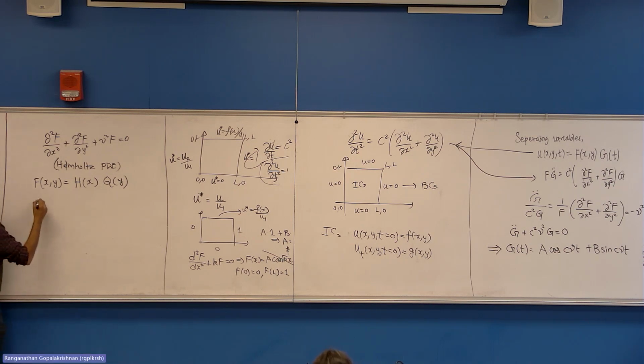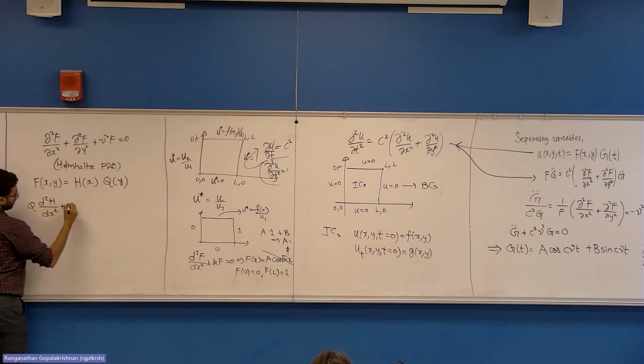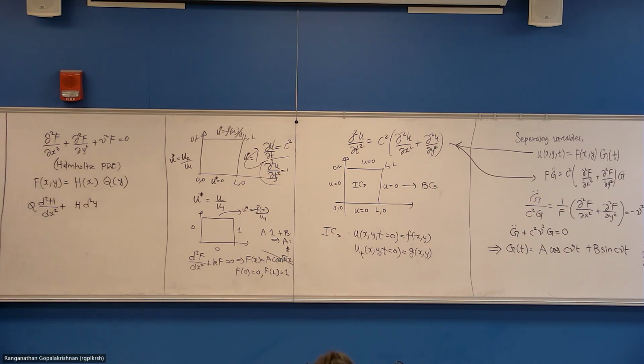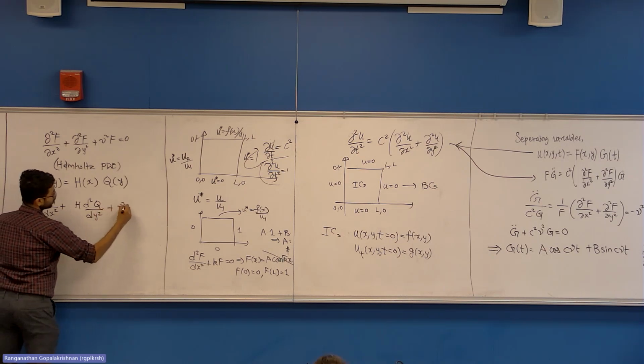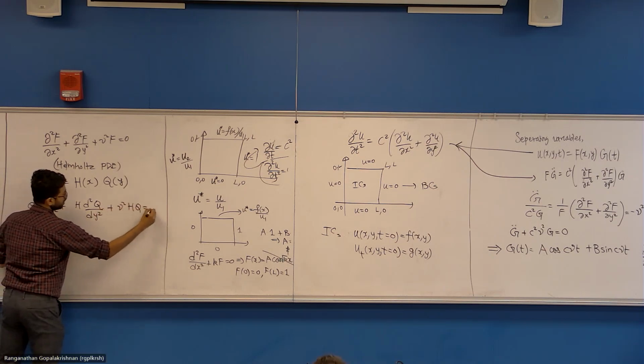So we'll write d squared H over dx squared times Q plus H times d squared Q over dy squared plus nu squared HQ equal to 0.